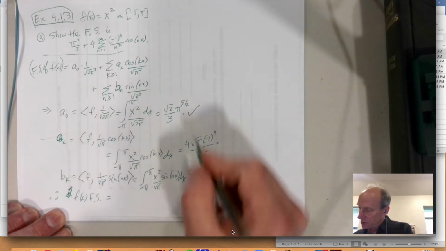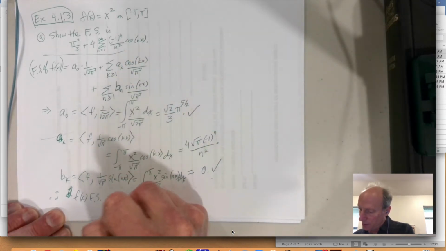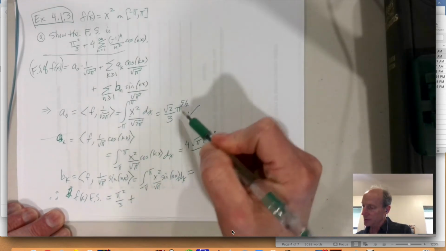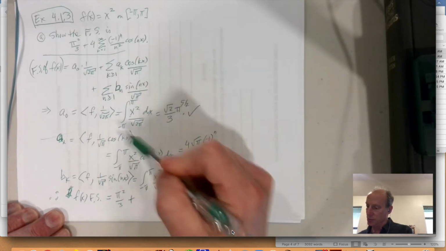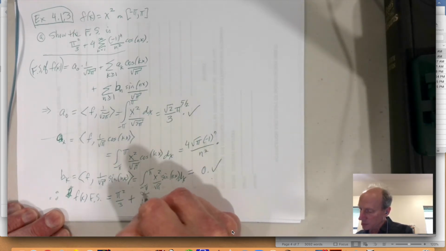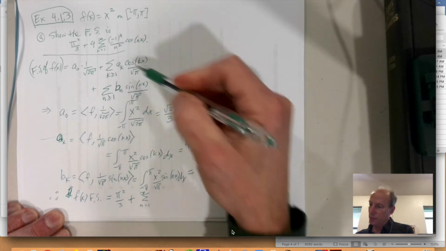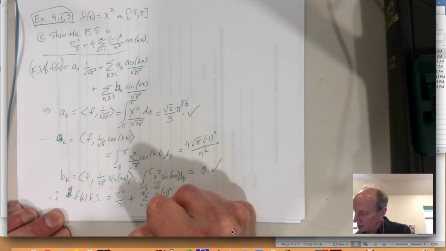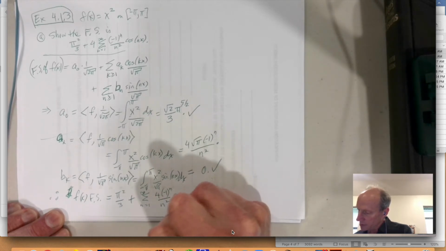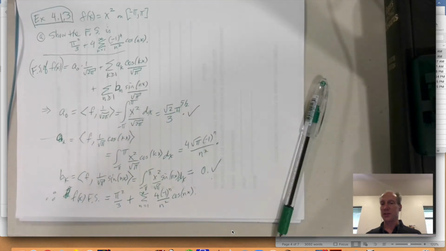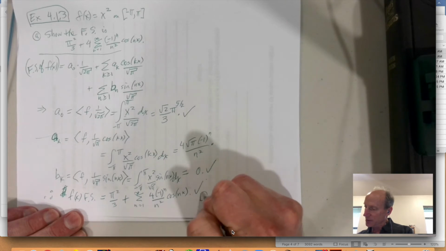And we actually plug it all in, and we get what we assumed, because this one times 1 over square root of 2 pi is that, and then this one times 1 over square root of pi is 4 times negative 1 to the n over n squared cosine of nx. And I always like to just test these things and see if that's right. And so, by the way, that's the end of the problem.